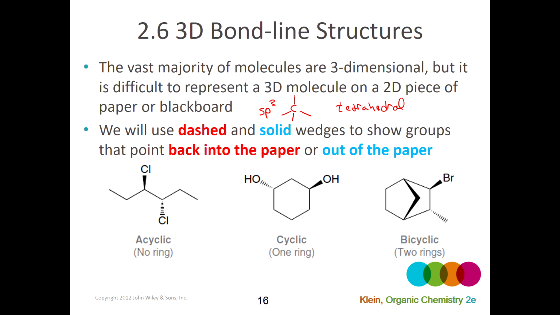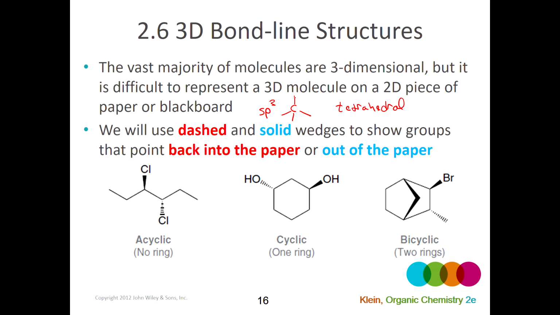And a tetrahedral geometry is one where all 4 bonds cannot be in the same plane. So if I'm trying to imagine the structure on a flat screen, like on my computer screen or on a piece of paper, it's very difficult because all 4 atoms that are attached to the carbon cannot all be in the same plane as the carbon or the screen or the paper.